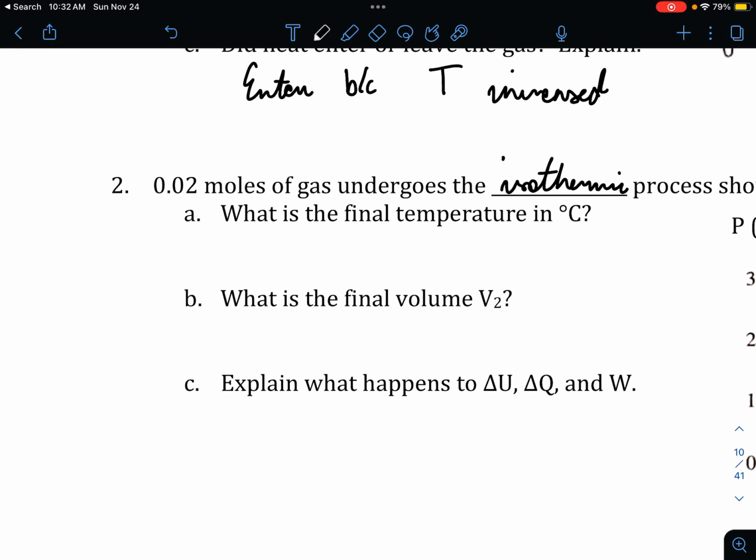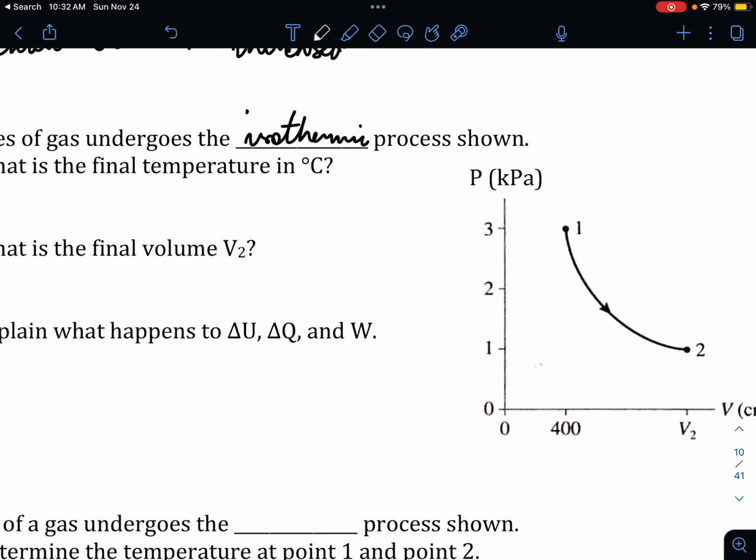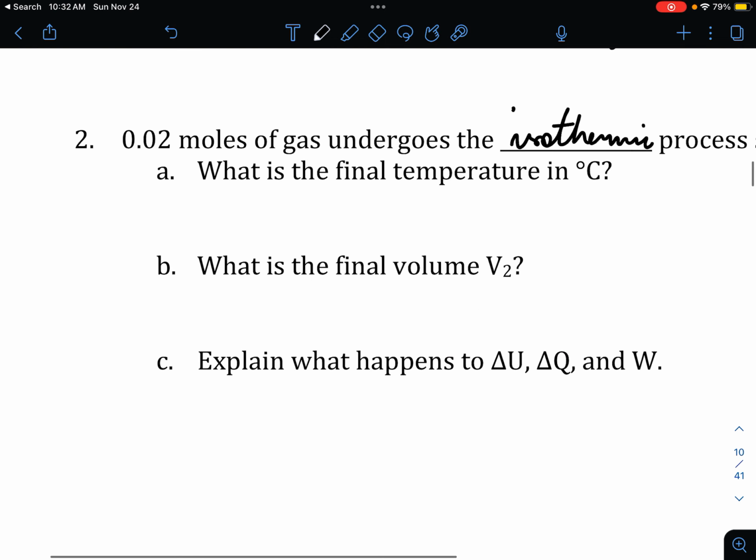What is the final volume, V2? This will show you how to do these kinds of math problems. We can see that the initial pressure is 3 kilopascals, and you start at 400 centimeters cubed. The pressure drops by a factor of 1/3, so it starts at 3 and then becomes 1 kilopascal. If you think about PV equals nRT, the temperature is constant because this is an isothermal process. The gas constant and the number of moles are constant.